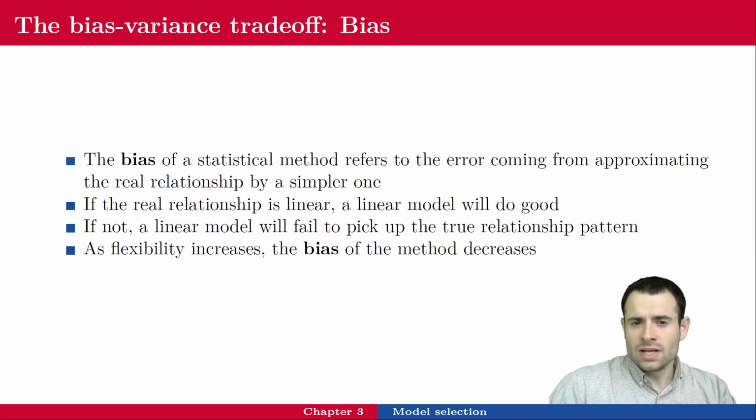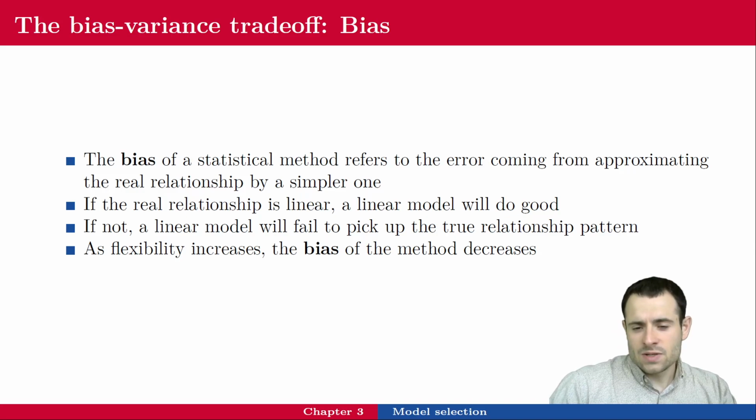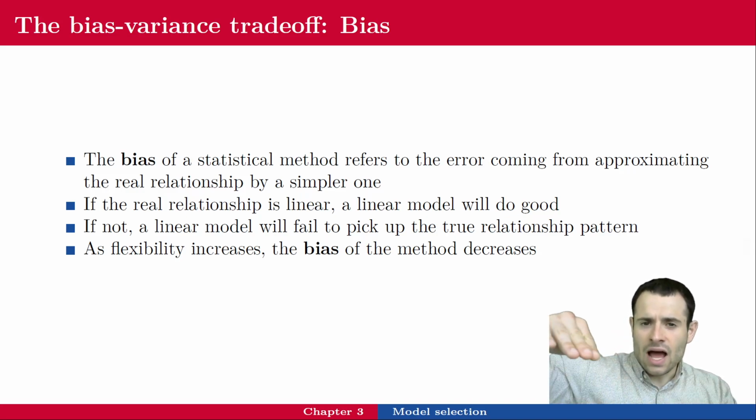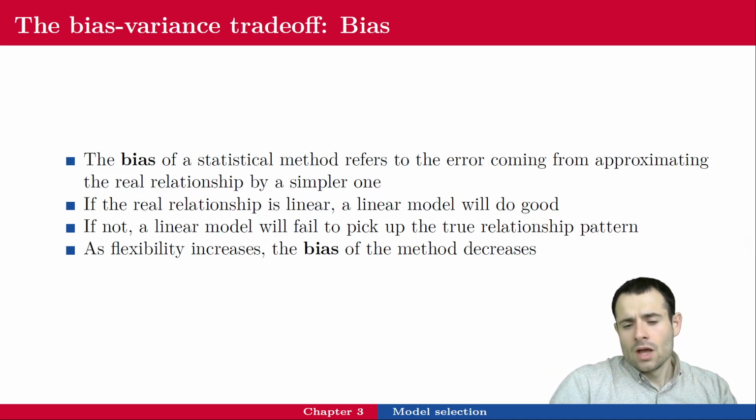What I mean by flexibility is allowing for a prediction line which is not a straight line. It is more flexible in the sense that it is allowed to go through more points instead of staying on a straight line. Any model which is a bit more complex than a linear model is more flexible.